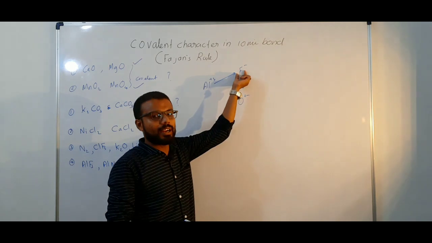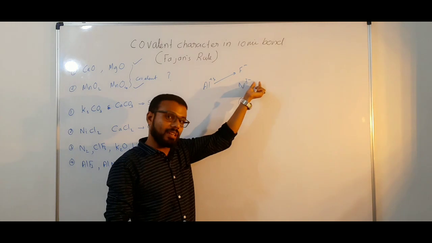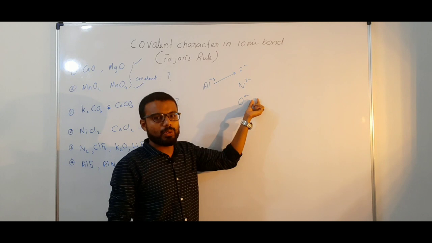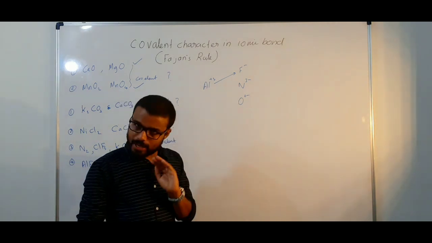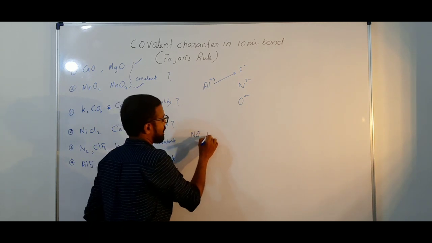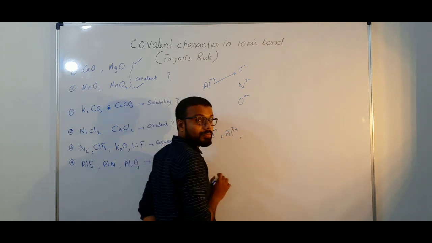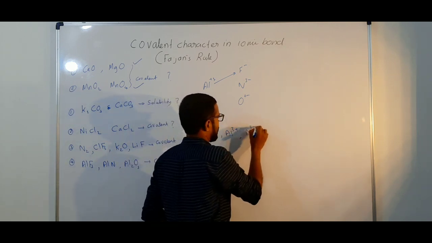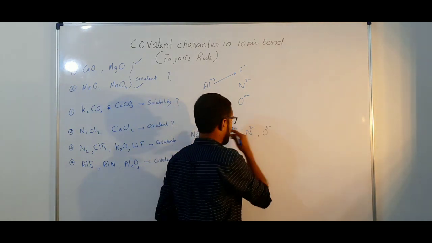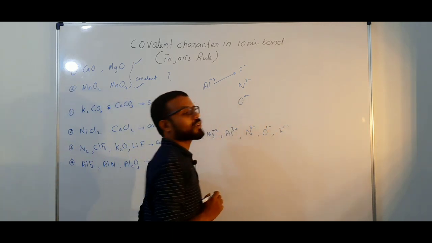F minus: fluorine atomic number 9, F minus total number of electrons 10; nitrogen atomic number 7, N3 minus total number of electrons 10; oxygen 8, O2 minus will be what? 10 electrons. So, in isoelectronic species, remember, for example, Na plus, Mg2 plus, Al3 plus, next one N3 minus, O2 minus, F minus. These are isoelectronic species.